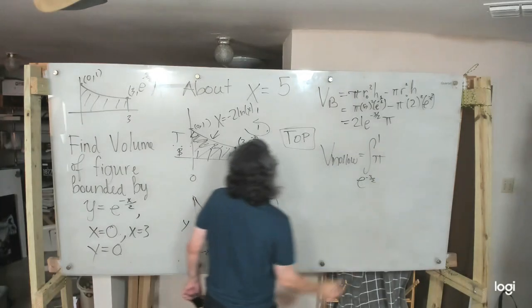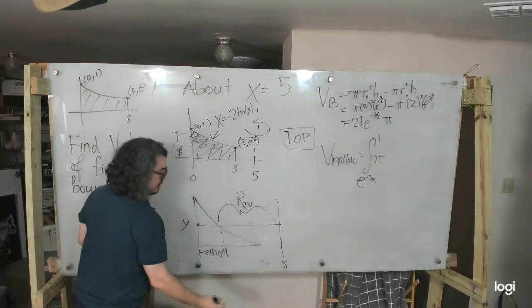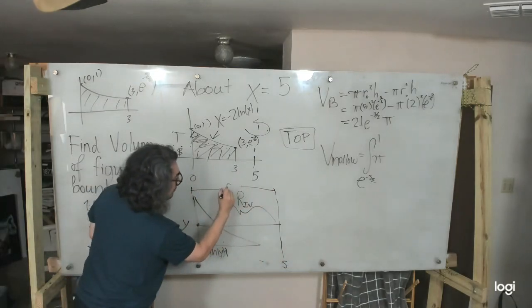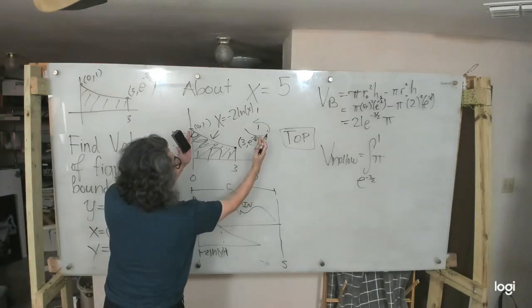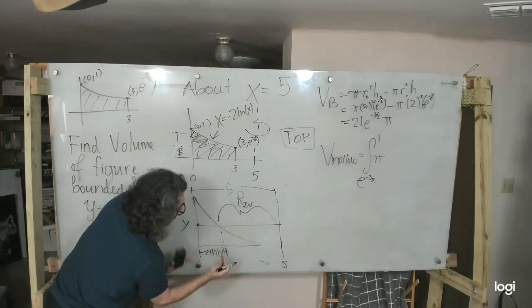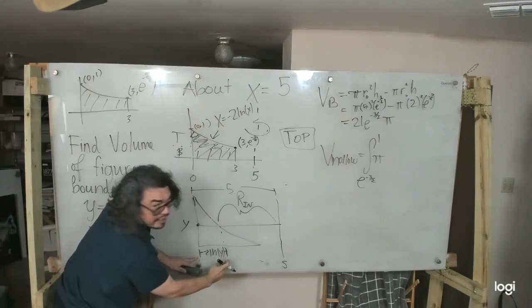The pi, and now the radius. We know that this distance from here to here is 5 because it's from 0 to 5. So 5 minus x, which is the negative 2 ln of y.